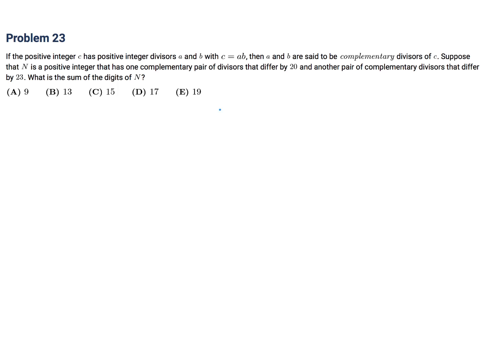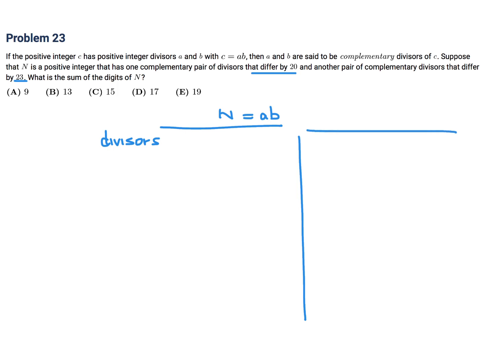So they're saying that n is equal to AB, I believe, and the divisors differ by 20. And then another pair differ by 23. Okay, so let's talk about it in terms of first the ones that differ by 20 and the ones that differ by 23. If they differ by 23, you can call them A and A plus 23.